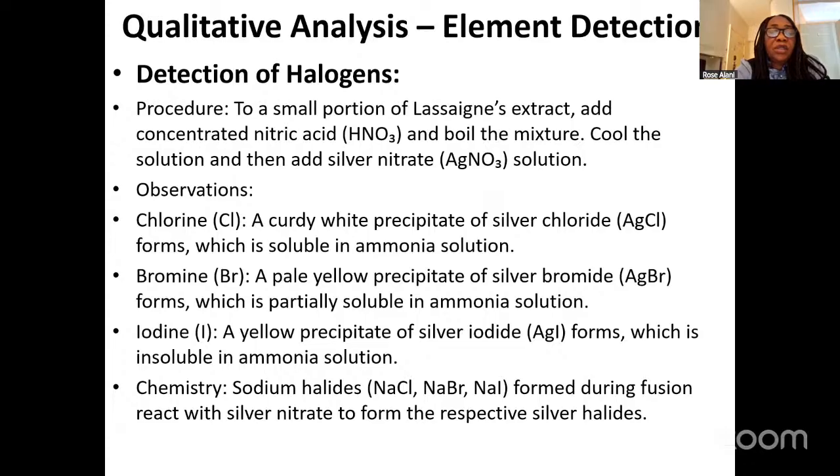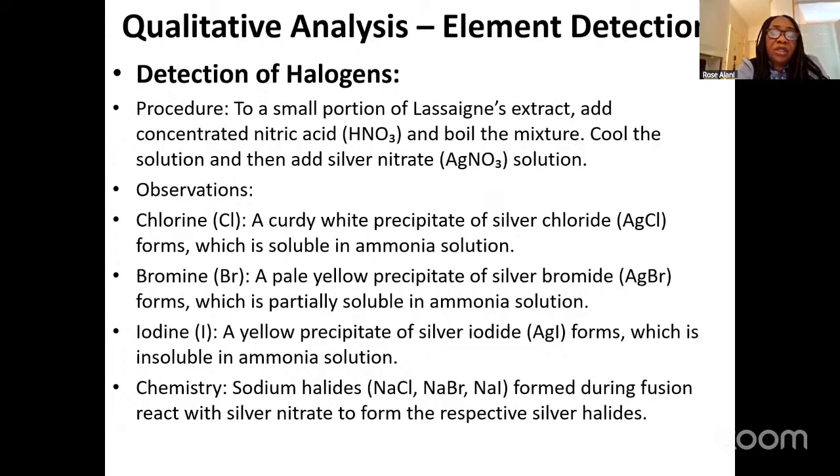For the different halogens: if chlorine is present, you see a curdy white precipitate of silver chloride, which is soluble in ammonia solution. If bromine is present, you see a pale yellow precipitate of silver bromide, which is partially soluble in ammonia.